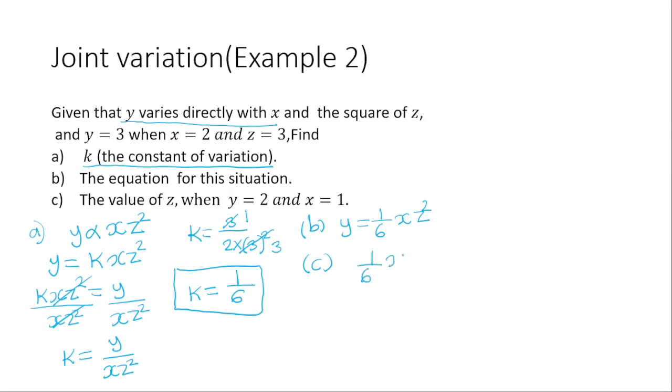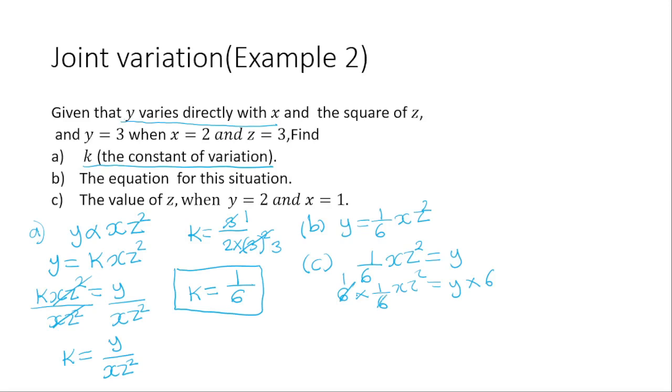We move the right hand side terms to the left, and the left goes to the right. So we multiply the multiplicative inverse of 1 over 6 on both sides. The multiplicative inverse of 1 over 6 is 6, so 6 multiplies by this. That's where we're starting, so that you can get clarity.